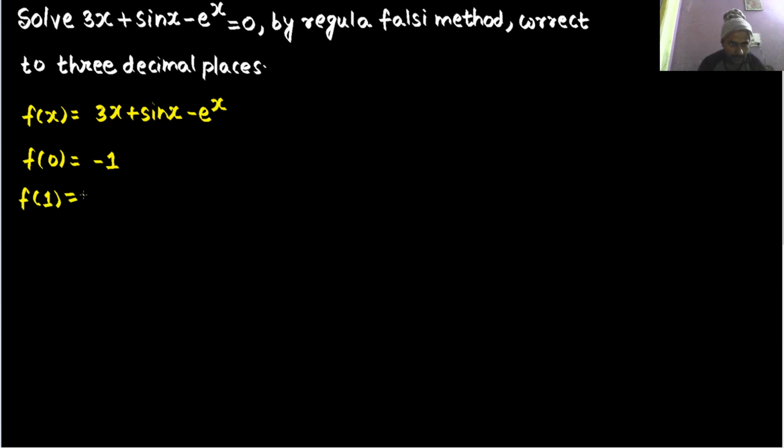So it will be 3 times 1, which is 3, plus sin 1, minus e. E will be shift ln, and in power you put 1. So that's it.